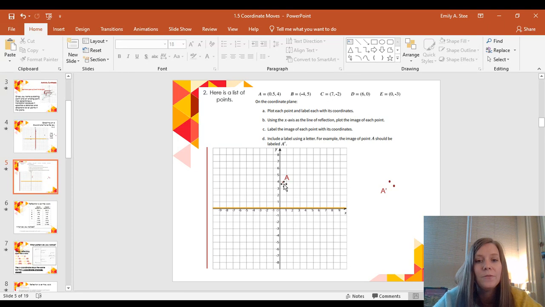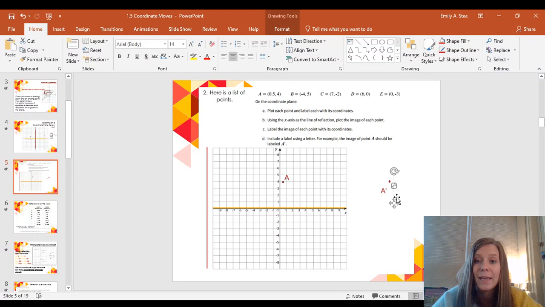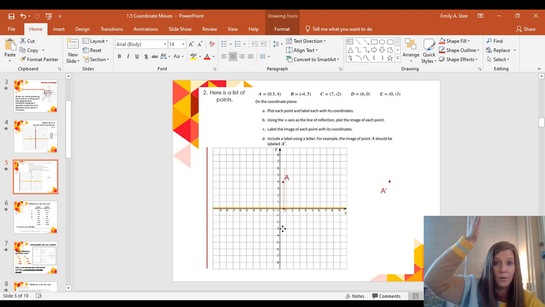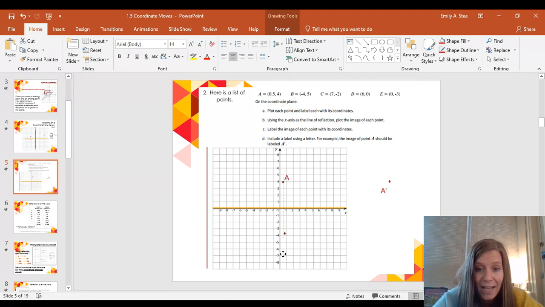If we are reflecting over that mirror, our A prime should be on the opposite side of the mirror. Now we're not moving it left or right at all. A reflection is just on the opposite side of that line of reflection. So we're staying at 0.5, but instead of going 4 up, we have to go down 4.